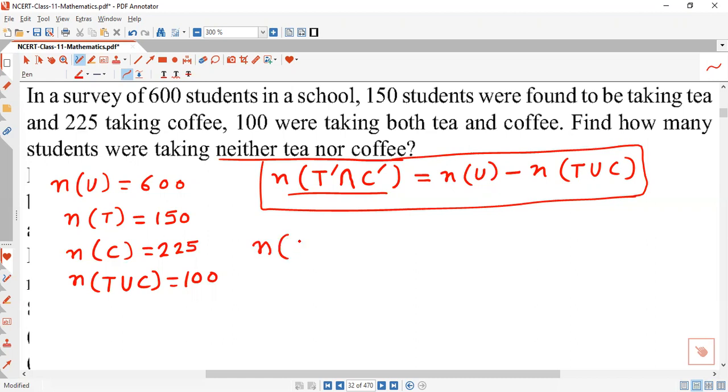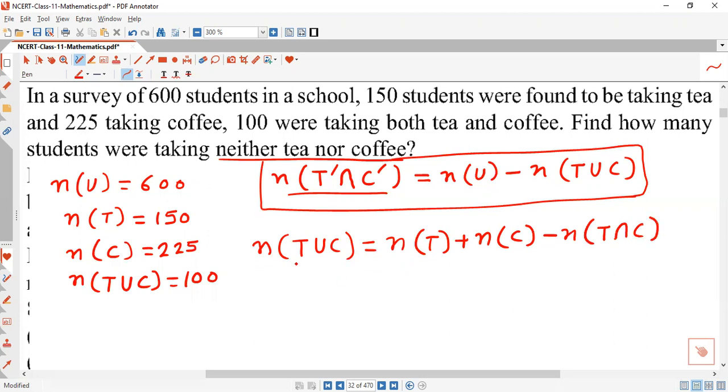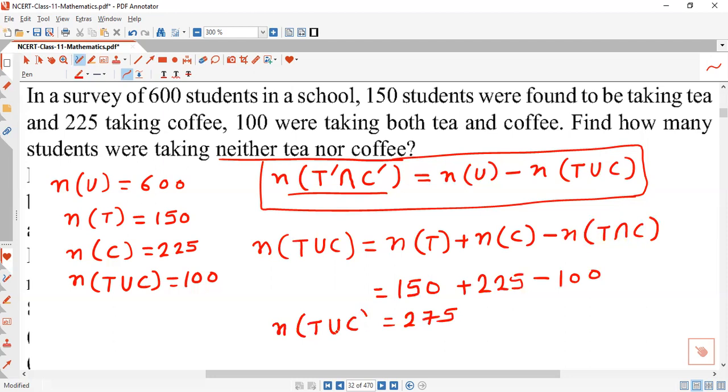For that purpose, we use the formula n of T union C equals n of T plus n of C minus n of T intersection C. The number taking tea is 150, the number taking coffee is 225, minus 100. This comes out to 275, right? 275 students are taking either tea or coffee. T union C means they are taking either tea or coffee.